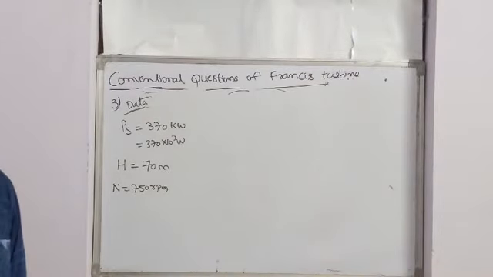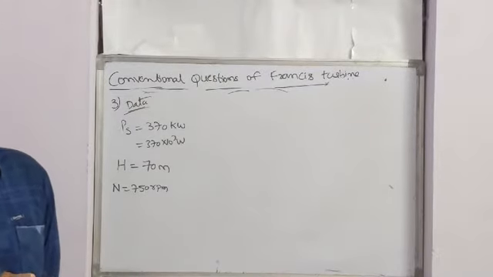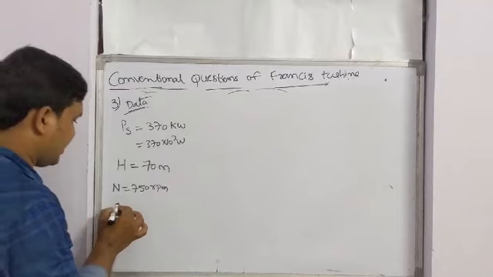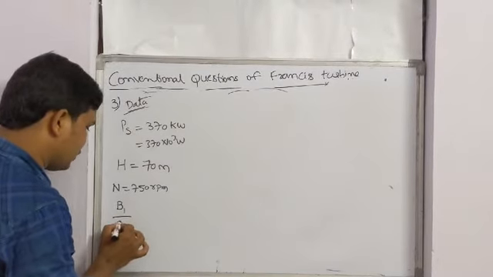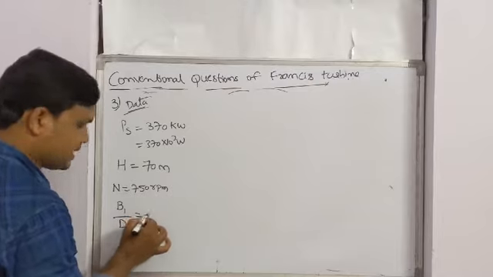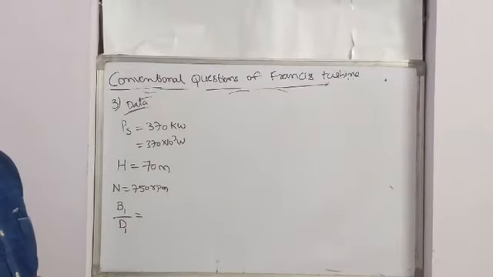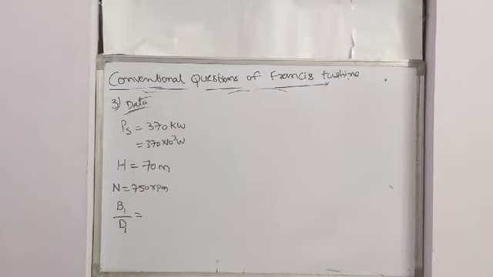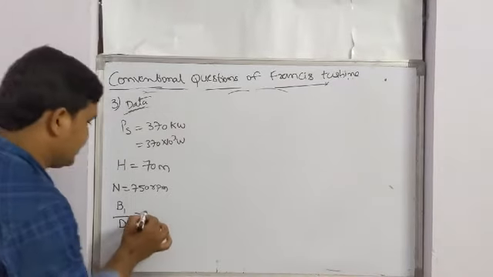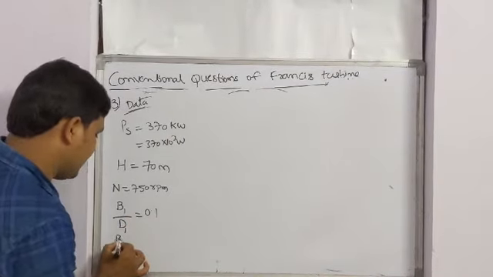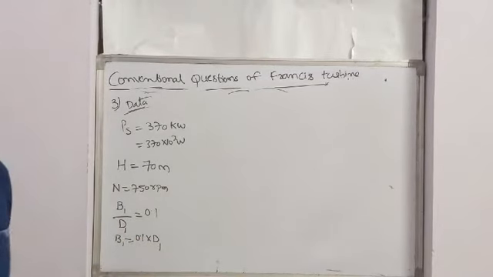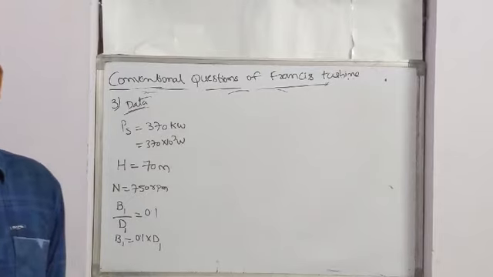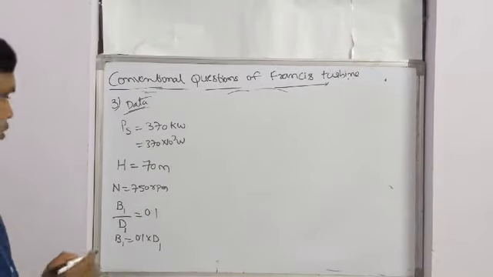The following is the data of the turbine. The ratio of width of the runner B1 to diameter at inlet D1 is given as 0.1, so B1 we can write as 0.1 times D1. The ratio of inner diameter to outer diameter is 0.5.